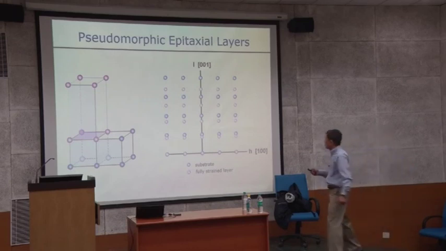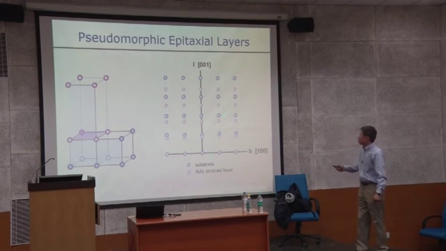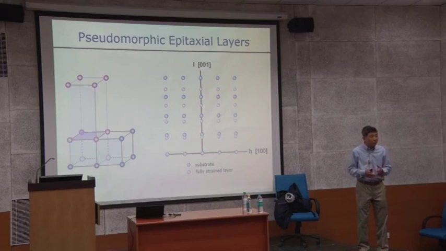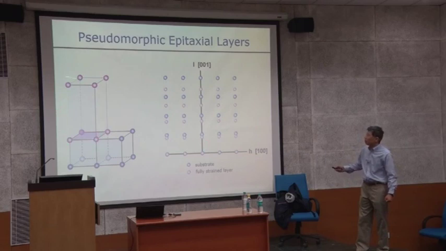So this is a 1, 0, 0 plane. The magnitude of this one is the reciprocal of the displacement. But this is the tetragonal barium titanate, the elongated one, and this direction is the same, but this direction is longer.